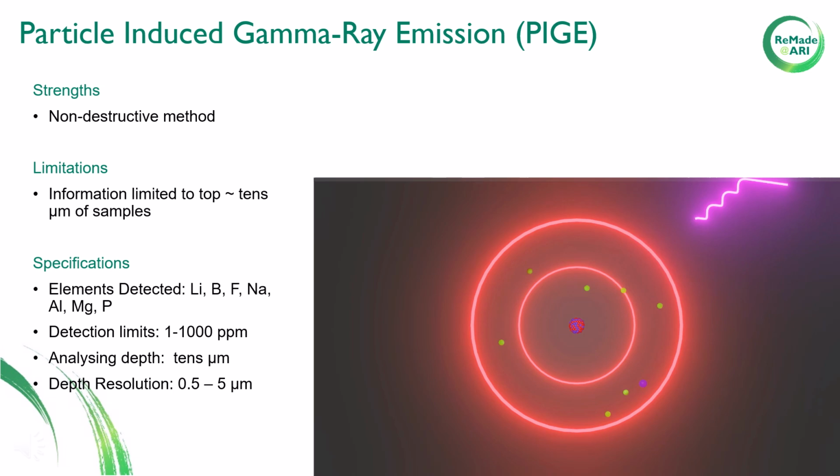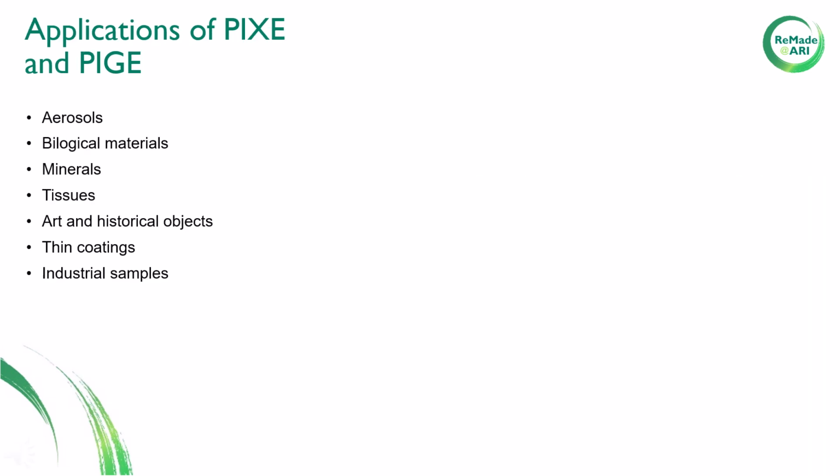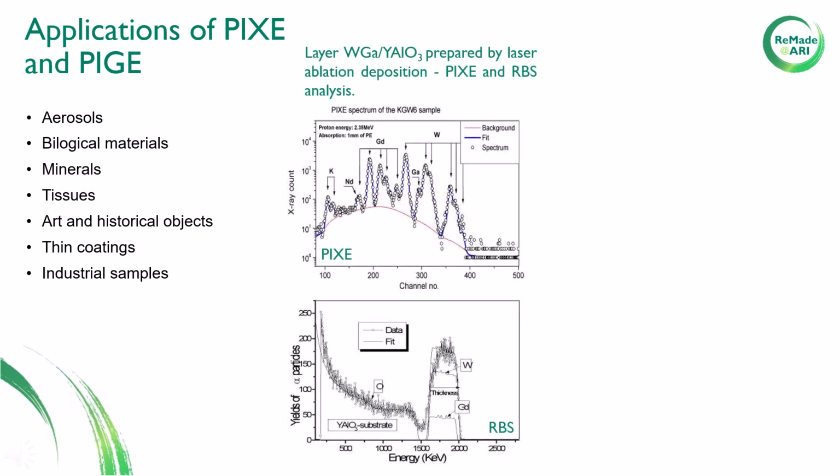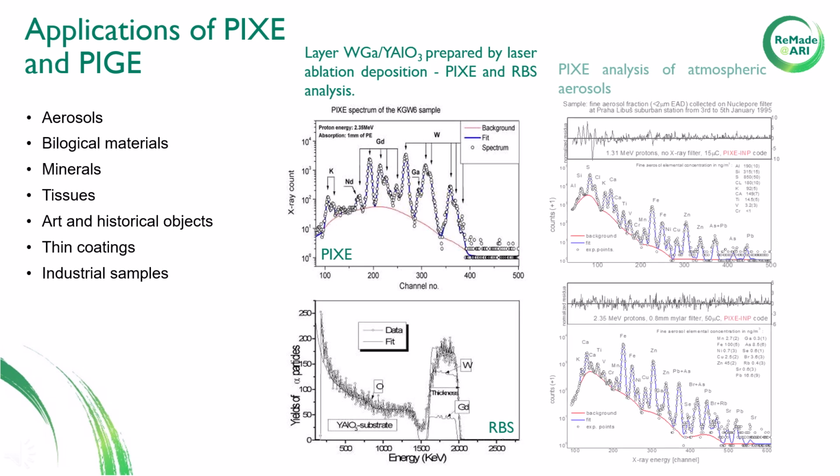This method may be used to characterize the sample. Particle-induced X-ray emission and particle-induced gamma-ray emission are used in various fields, particularly in the analysis of the elemental composition. Typical samples are aerosols, biological materials, minerals, tissues, or art and historical objects.